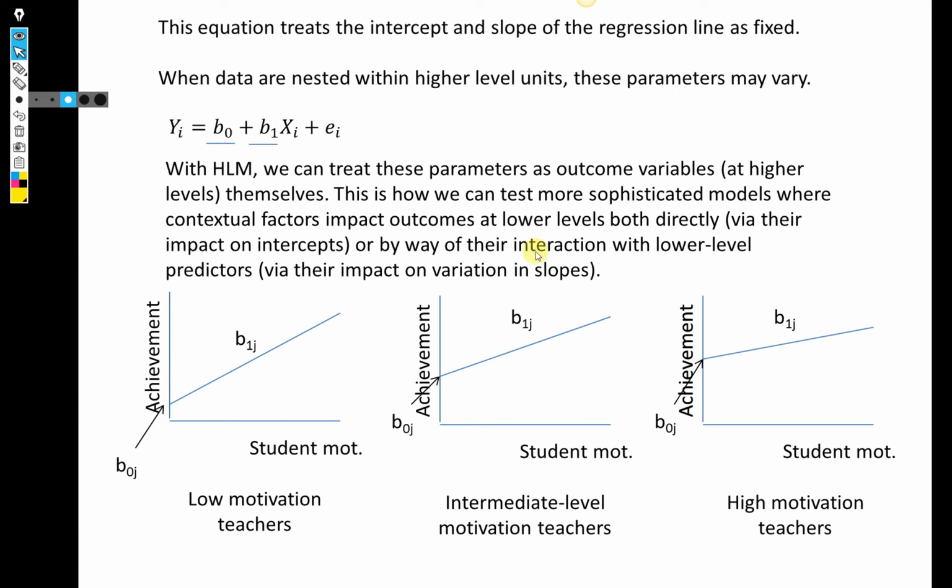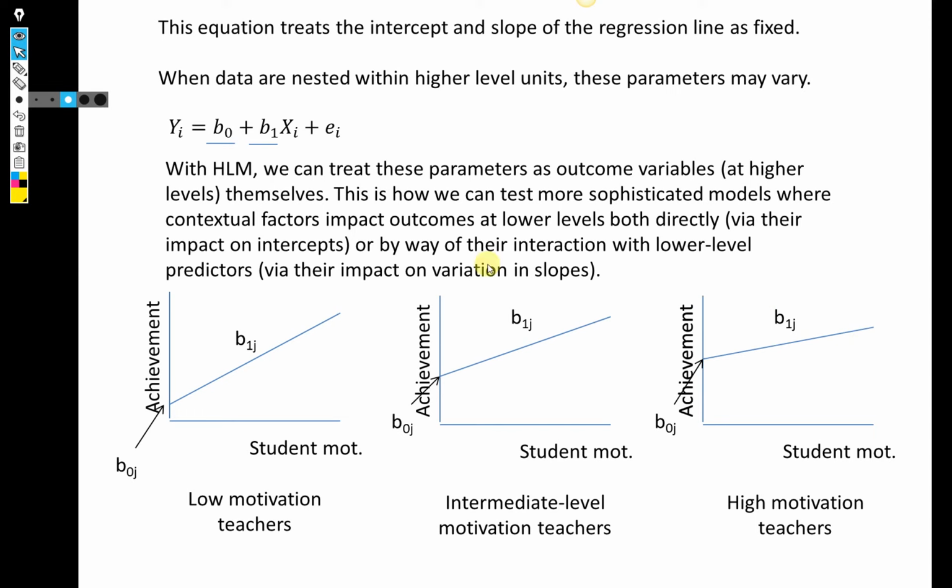We would have teachers that reflect varying levels of motivation, and within each of those teachers the students, and then the slopes for the relationships between student motivation and achievement vary across teachers that exhibit varying levels of motivation. We also have the B0J, and that's reflecting the intercept for the regression line within each teacher.